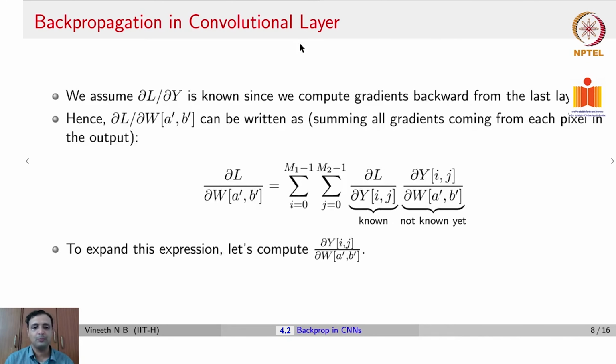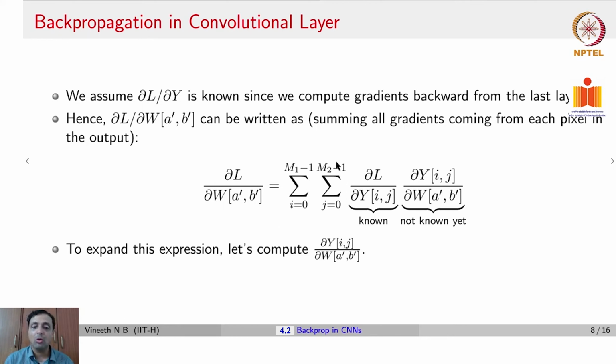Now let's move forward. We now write ∂L/∂W at a', b' given by summation over the entire dimension of Y. Remember, Y we said has a dimension of M1 cross M2.